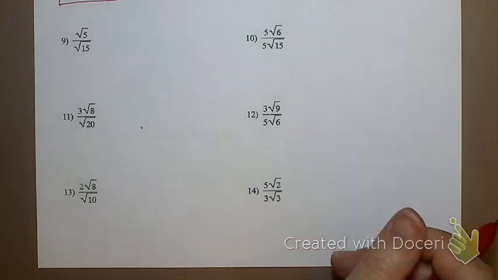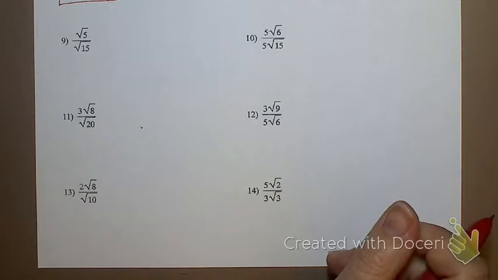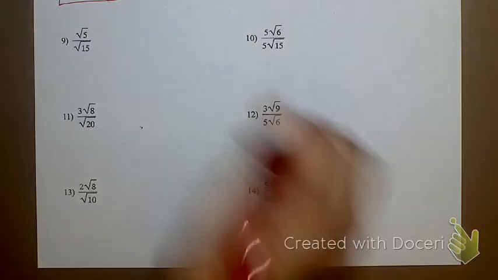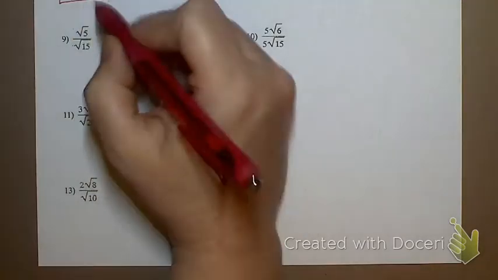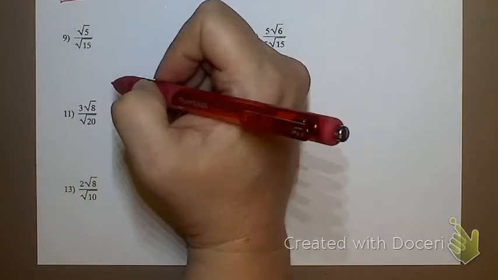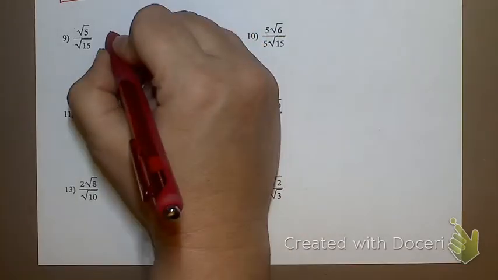Now we're going to go on to what? Dividing. So, dividing has a similar rule in that you can divide, or it's more reducing than dividing, something inside a radical with something else inside a radical, or something outside with something outside. So this one doesn't have anything outside, but can I reduce 5 over 15? What does it reduce to?